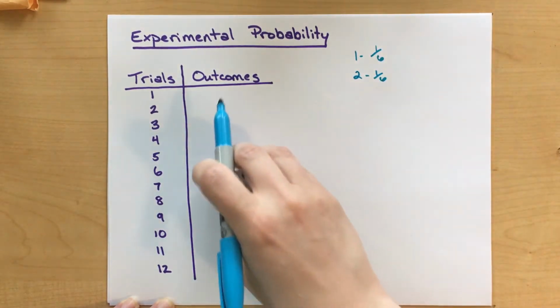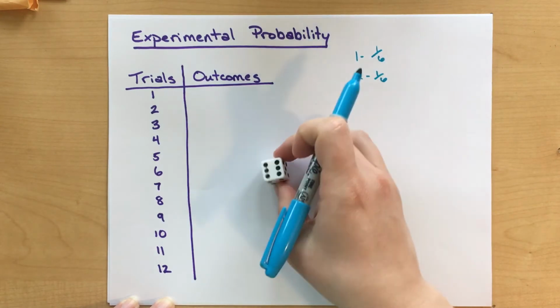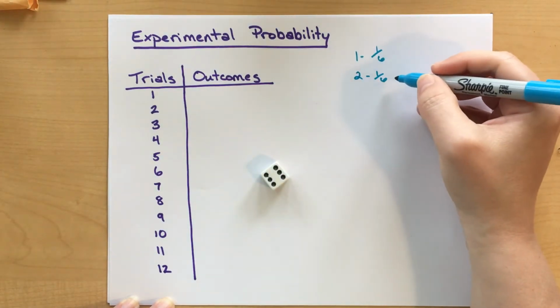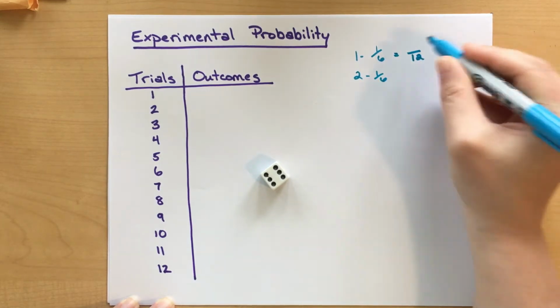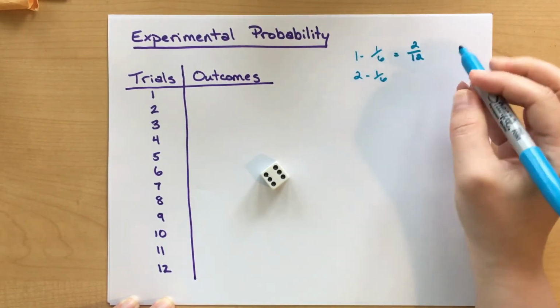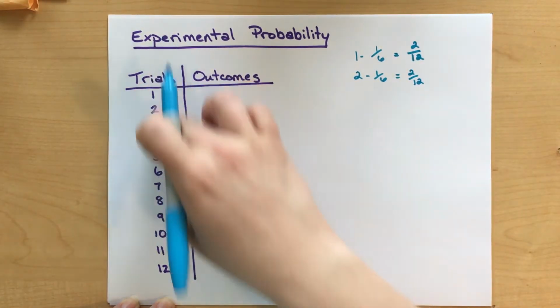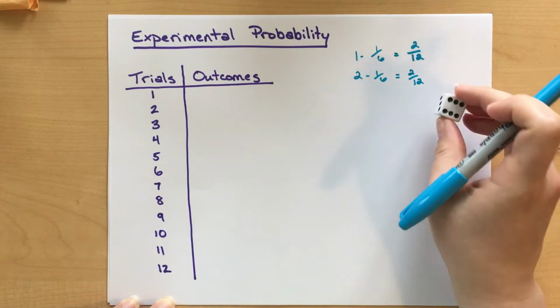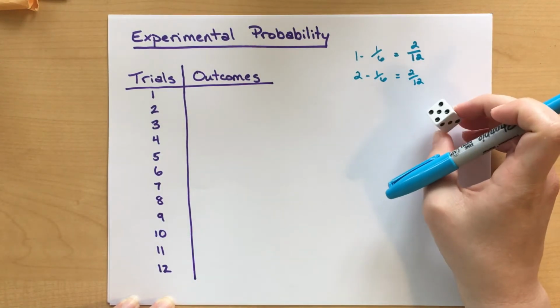Basically, so that they all equal 6 out of the 6, they each have an equal chance of getting rolled. If I was to do this trial 12 times and instead look at a fraction that's over 12, I'm basically just doubling it, right? Times 2, so they all have a 2 out of 12 chance. So by the end of my 12 trials, what I should see is each number getting rolled twice, theoretically.